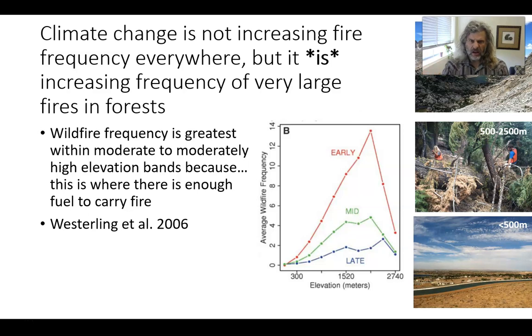You can look at the data, and this paper is chock full of it. And furthermore, this has a clear empirical and inferential basis to it. If we don't have the snowpack, we don't have the resiliency of our forests. We're more likely to have these kinds of massive wildfires.